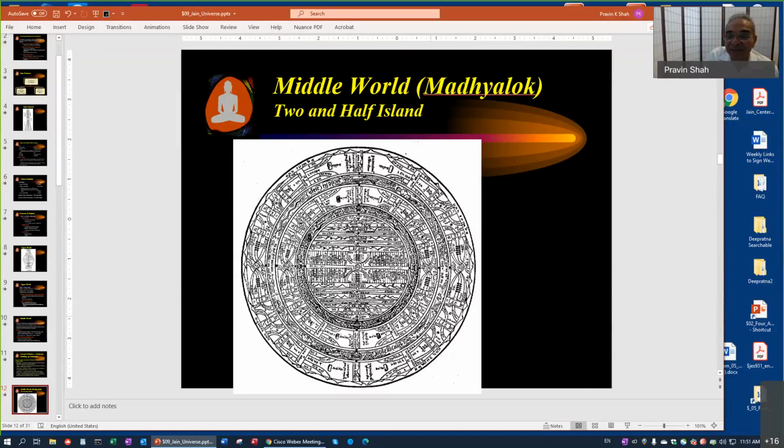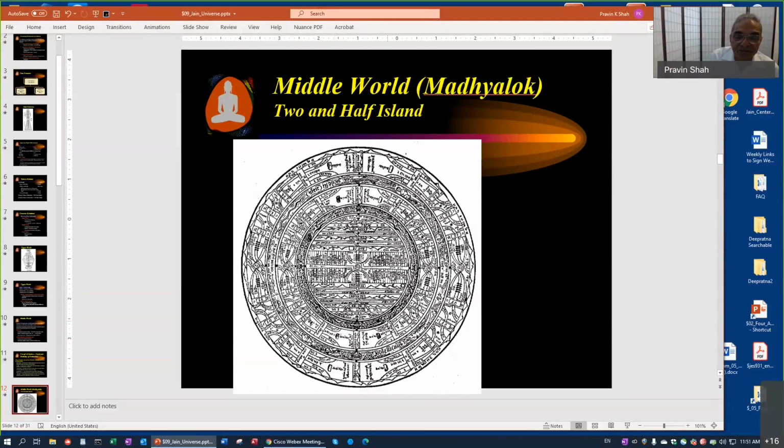Similarly, surrounding the other Mount Meru there is another Mahavidya Kshetra of Kalodadi, of Ghatki Khand. So Ghatki Khand has 2 Mahavidya Kshetra, 2 Mount Merus, and similarly 2 Bharat Kshetra, one on this side and one on this side.